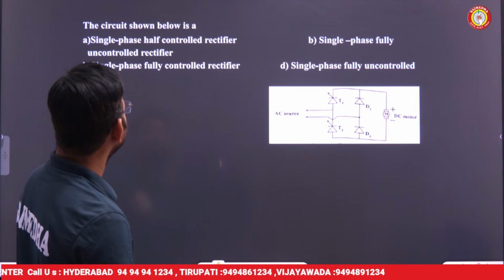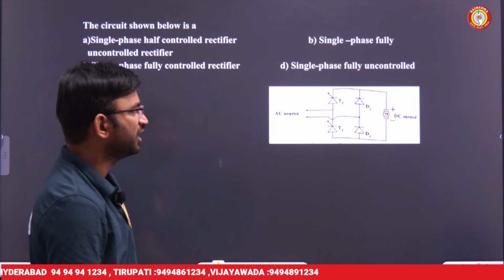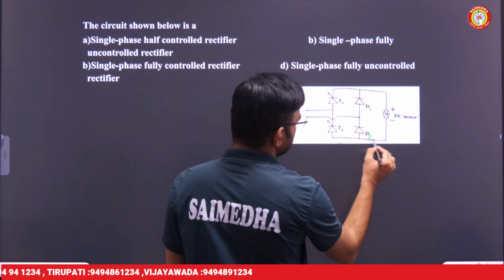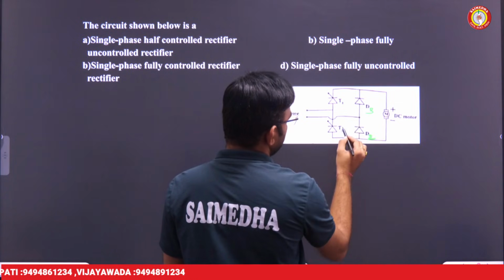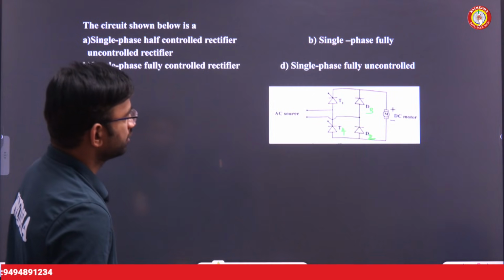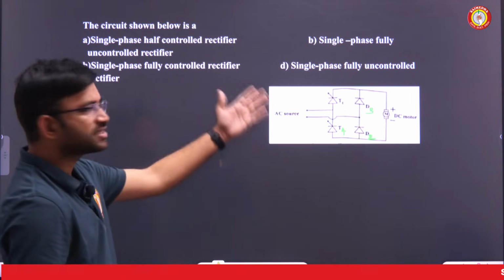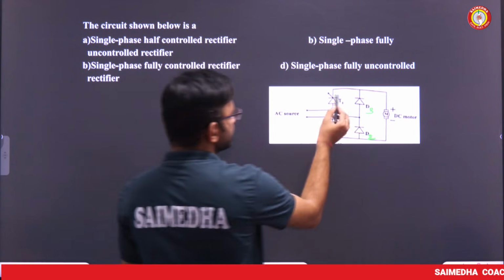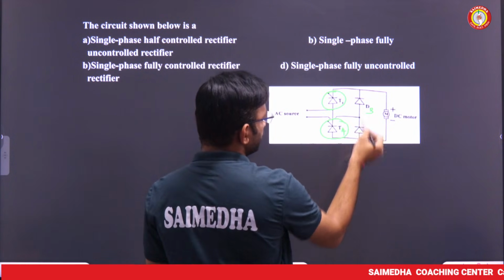The circuit shown in the below figure is T1, D2, D3 and T4, D4. Here also you can see two thyristors and two diodes are there.